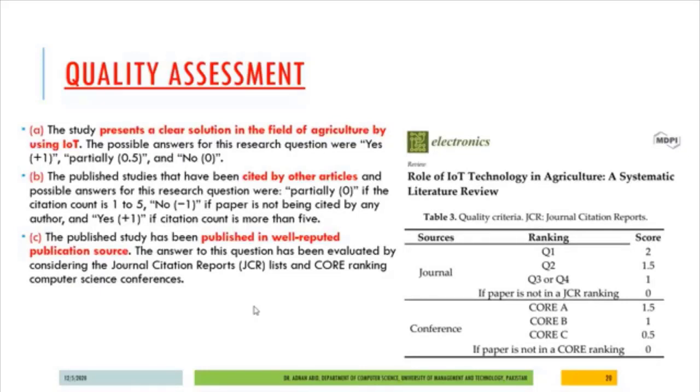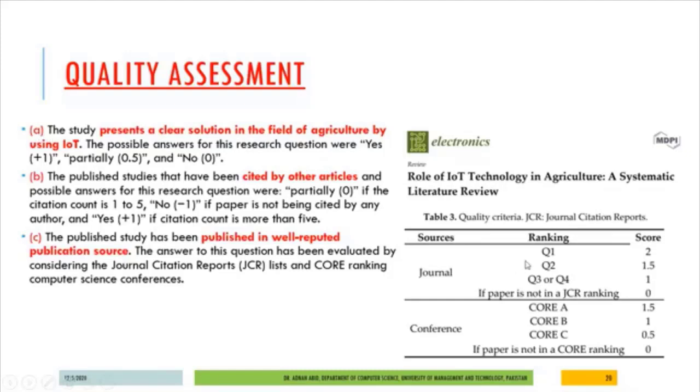And there are other ways of rating the articles as well, which have some overlapping possibilities. So for the IoT agriculture article, the journal and conference rankings were considered as the rating criteria with an implicit idea that well-reputed research is published in top quality venues.